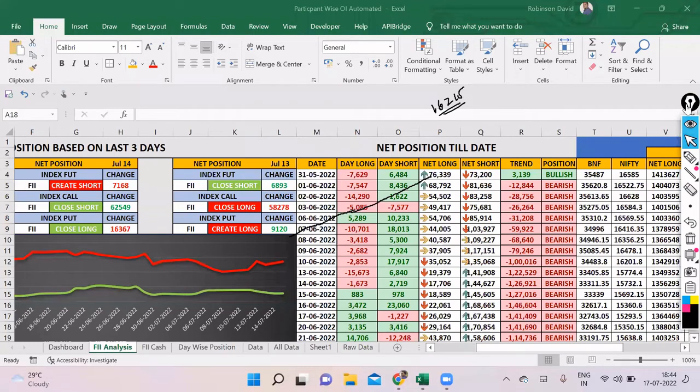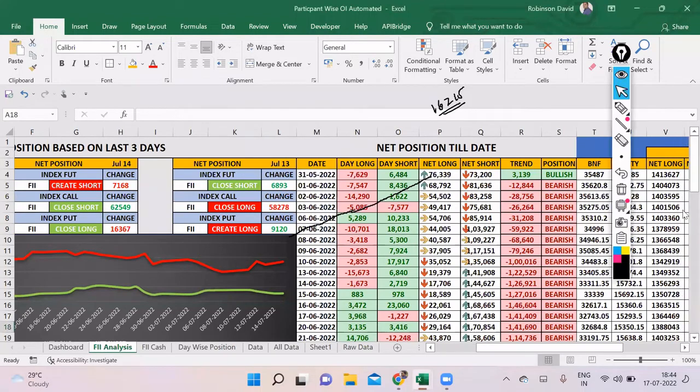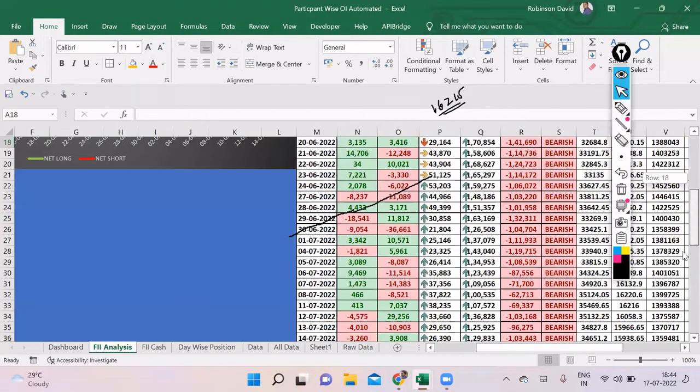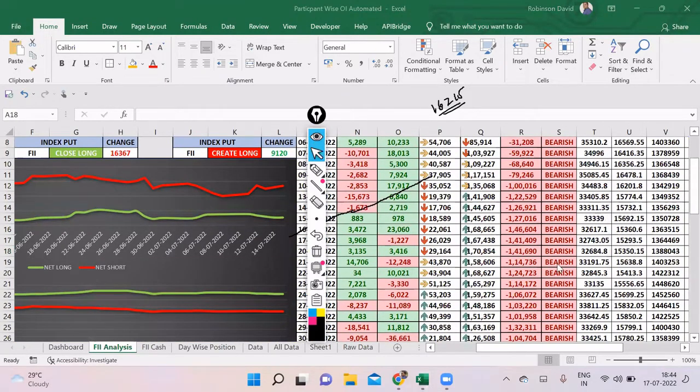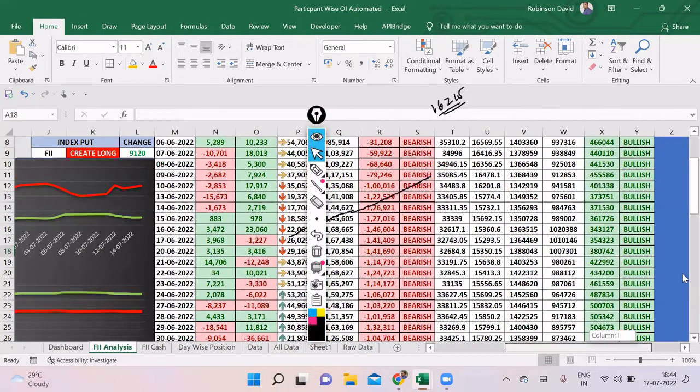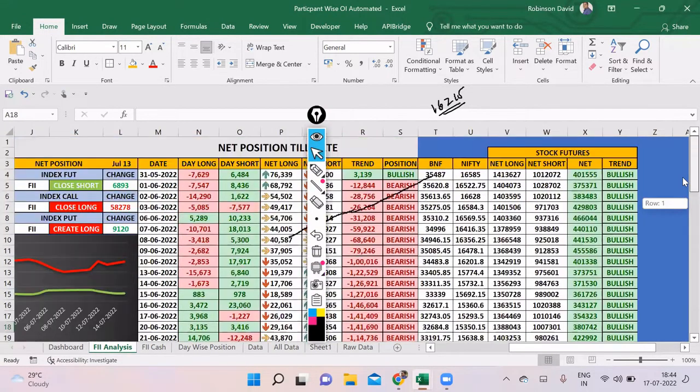So what is the data which is bullish and what is the data which is bearish? Though FIs have been selling rigorously in the cash market, the only positive that I see here is the stock futures data. Though they are selling in the cash market, they are buying heavily in the stock futures.